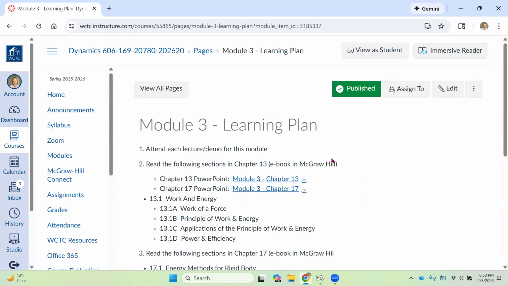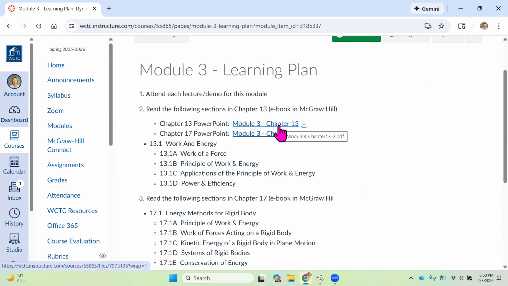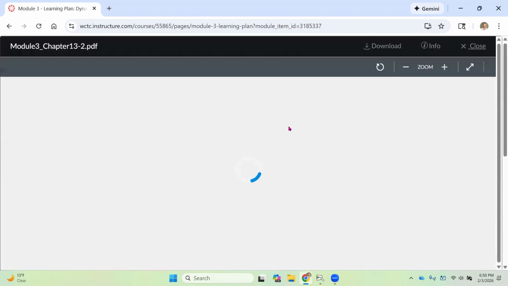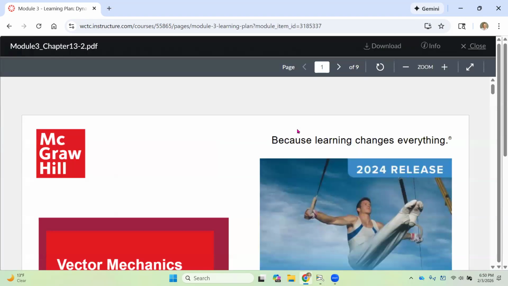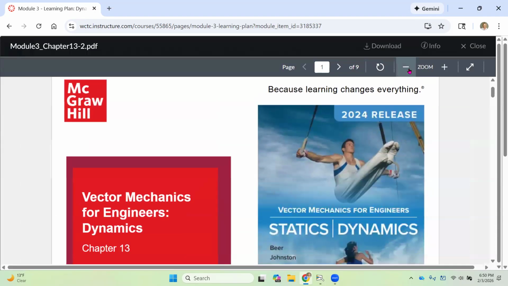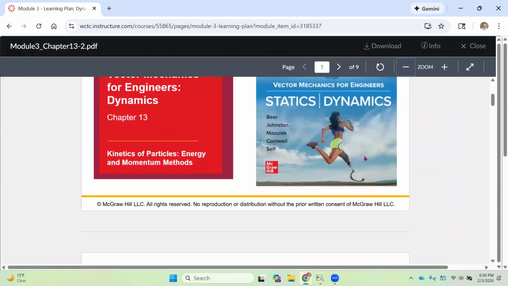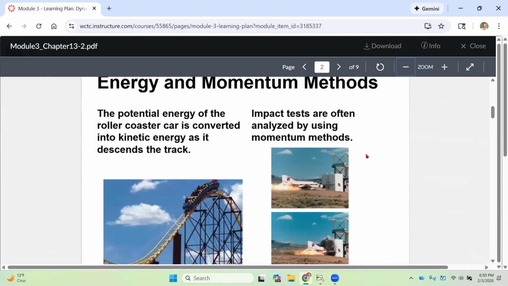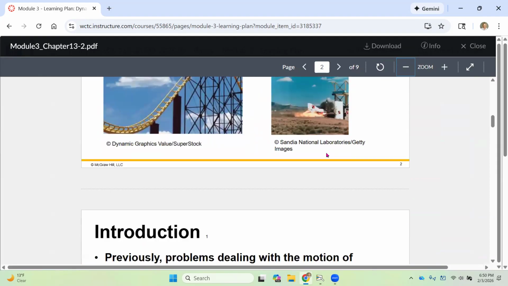So let's take a peek at the PowerPoint presentation for Module 3, Chapter 13, the first part here. All right. So in Chapter 13, we're going to be looking at energy and momentum methods.